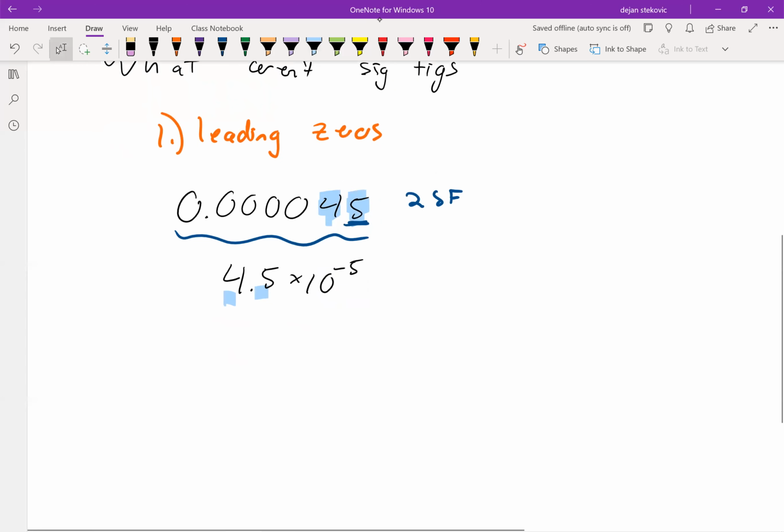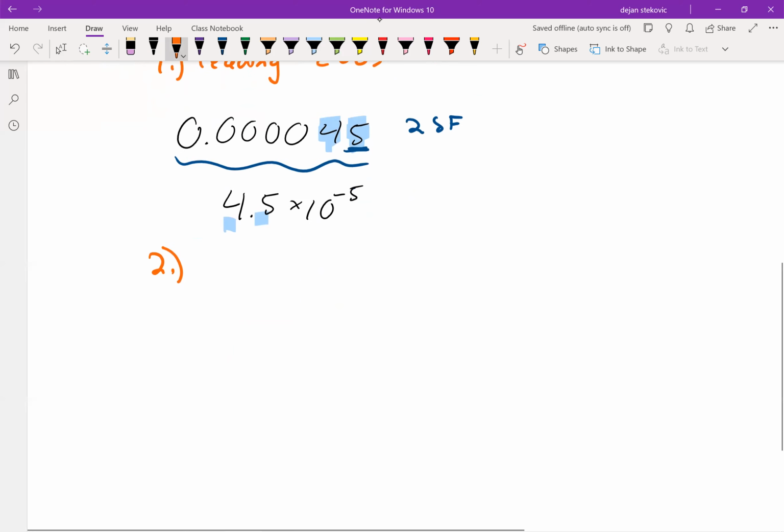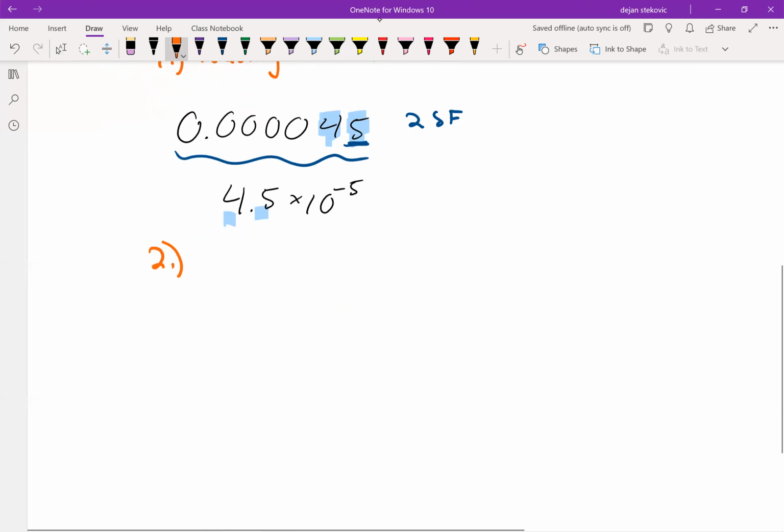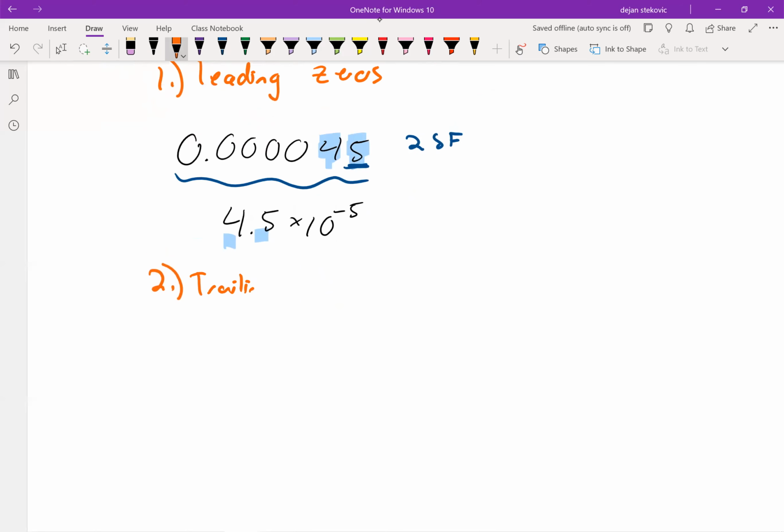The second type of zero that is not a sig fig is trailing zeros to the left of a decimal point, and there are no sig figs after them.